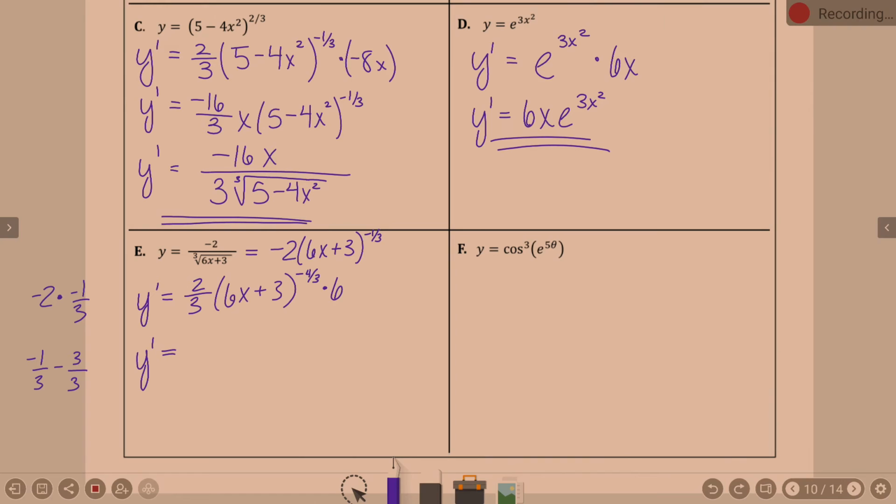What do you know? The 6 times 2/3 is 4. Agree? 2/3 times 6 over 1, so 12/3 or 4. So I could write 4 times 6x plus 3 to the negative 4/3.